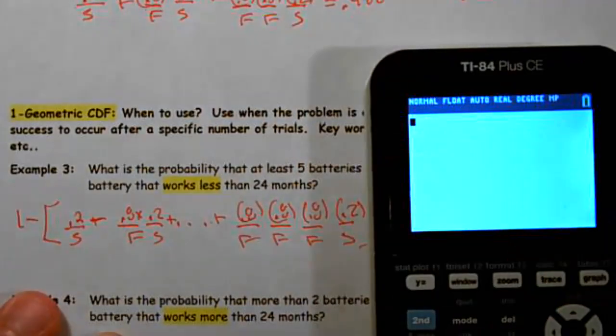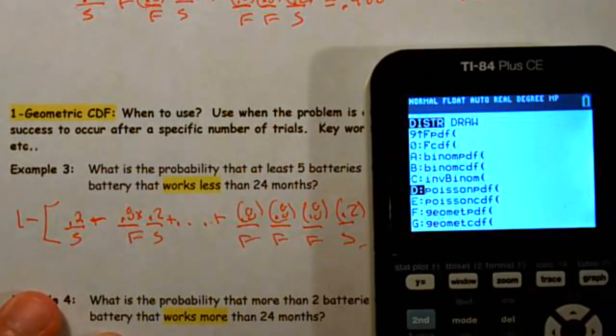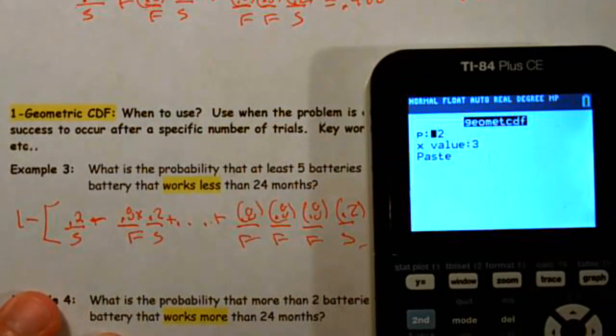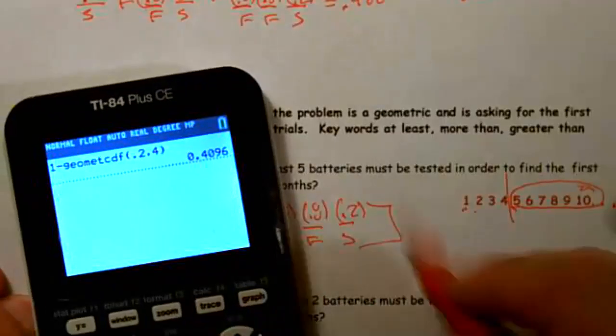On the calculator, 1 minus second vars, geometric CDF, probability is 0.2, x value is 4, and I get 0.4096.